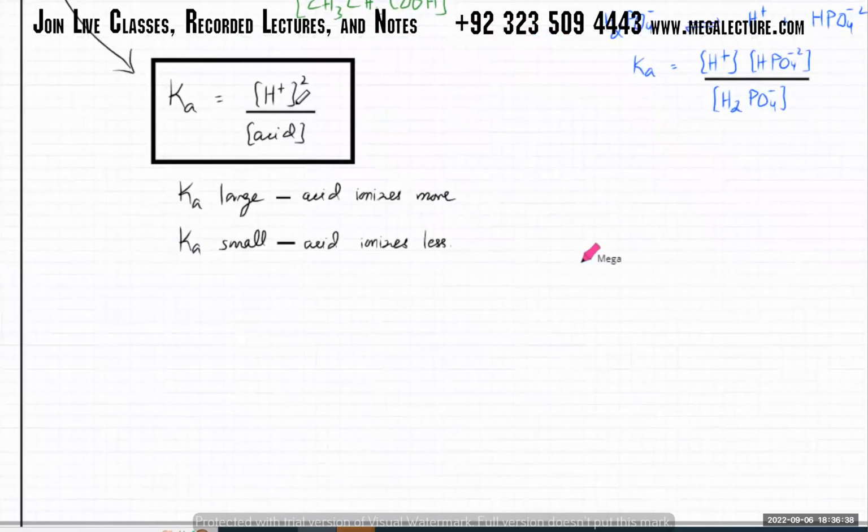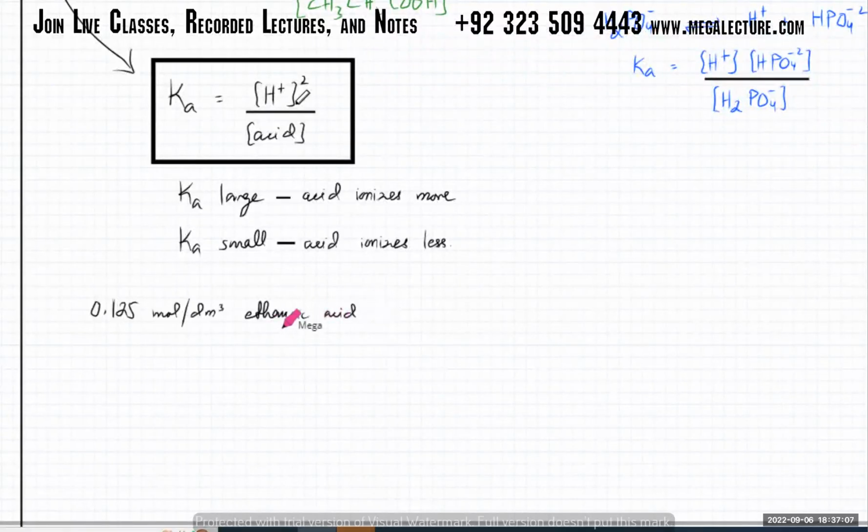So we'll just do one question quickly, which is, let's say there's ethanoic acid, and there's 0.125 mole per dm cube ethanoic acid.